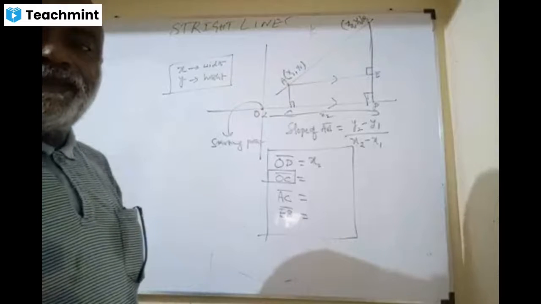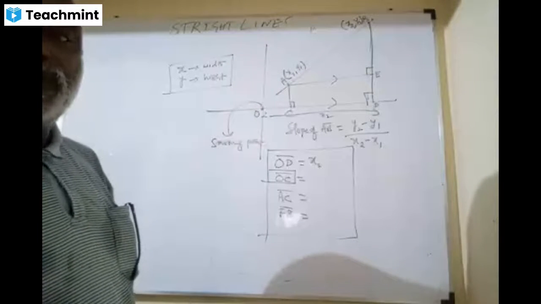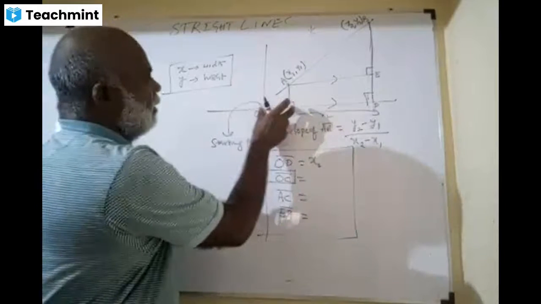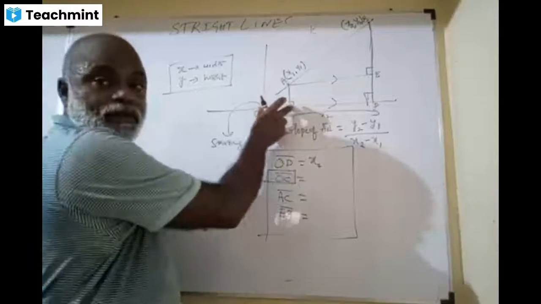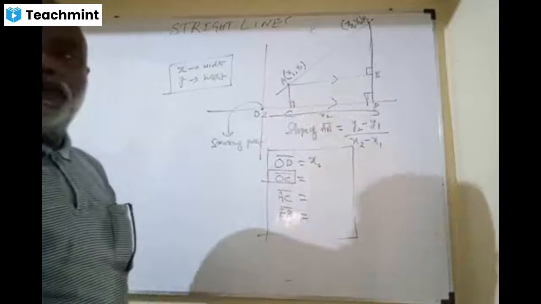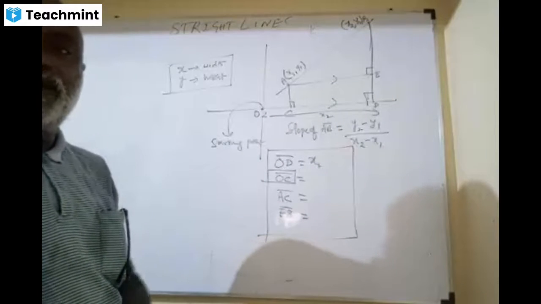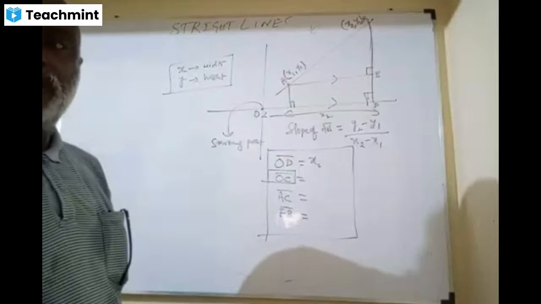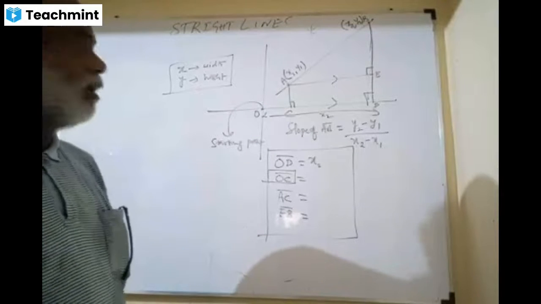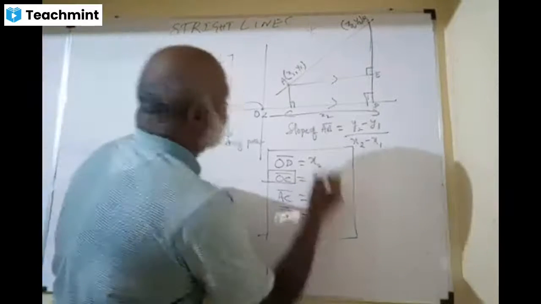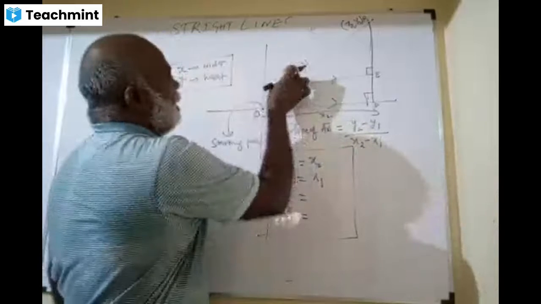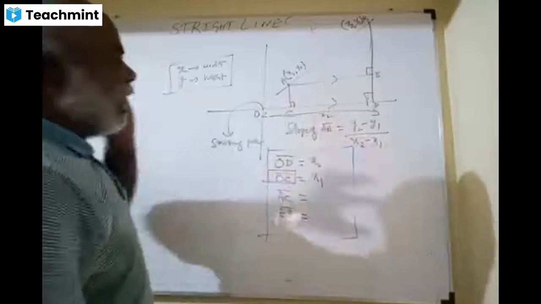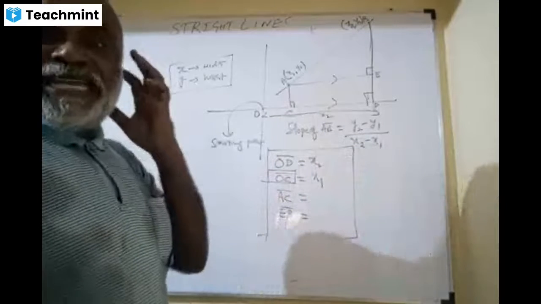Preeti, what is OC? Sudarshan? Matesh? x1, sir. Brilliant. x1, sir. X coordinate. I told you width is called the x coordinate. Okay. What about AC, my dears?